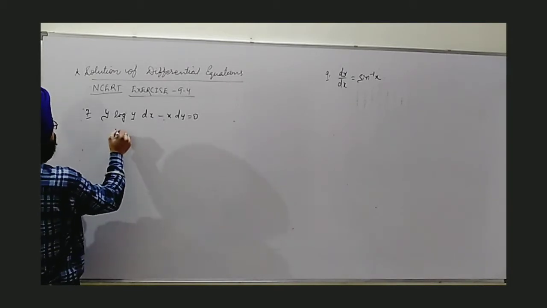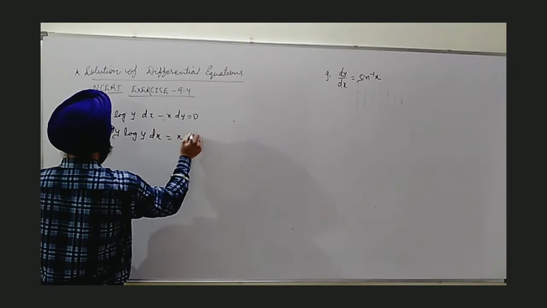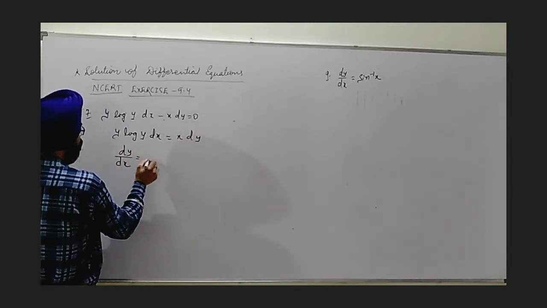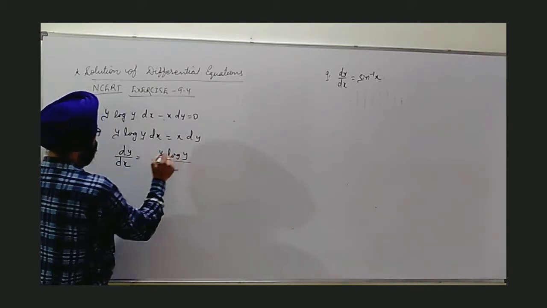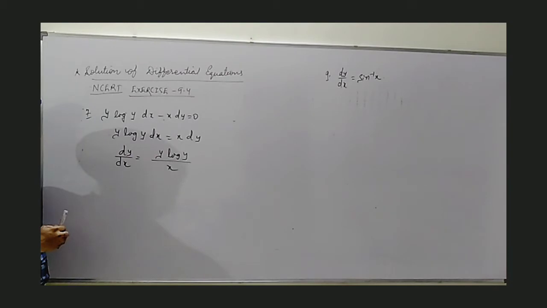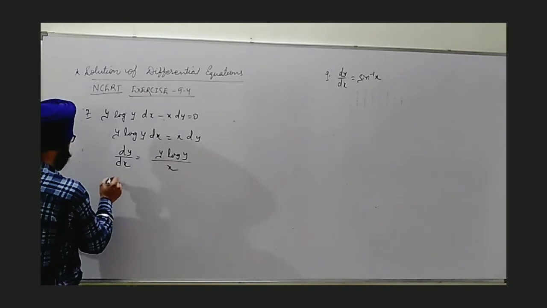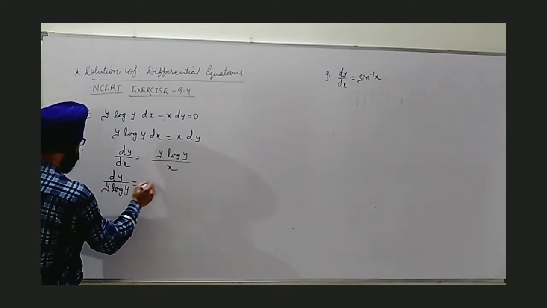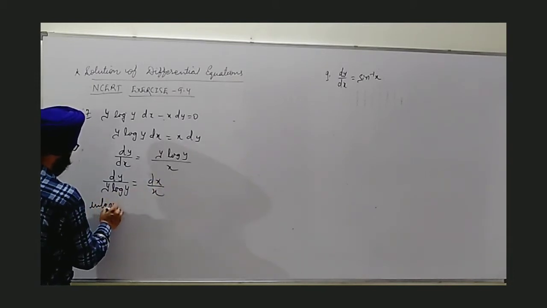First of all, dy by dx. y log y dx is x dy. dy by dx from here can be written as y log y upon x. Now I don't think there is some problem. Separable variables we can easily see. So let's take all these terms aside. dy upon y log y equal to dx upon x, and now integrate.